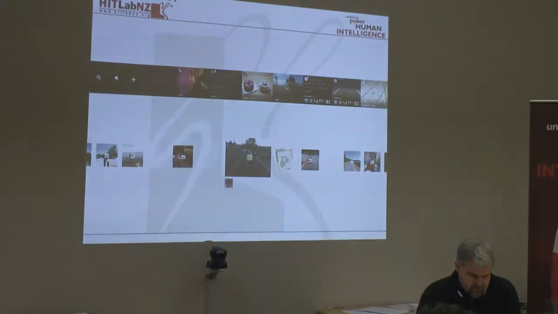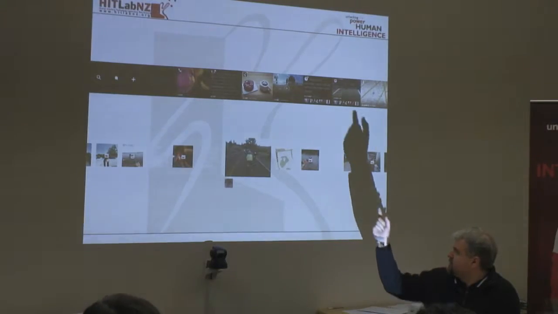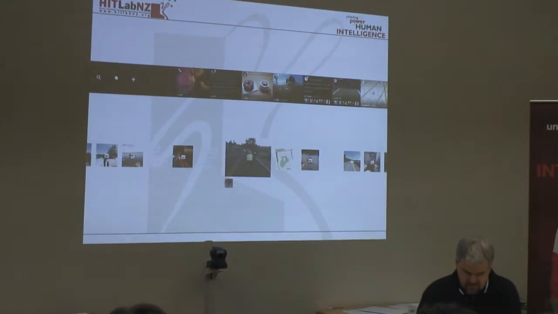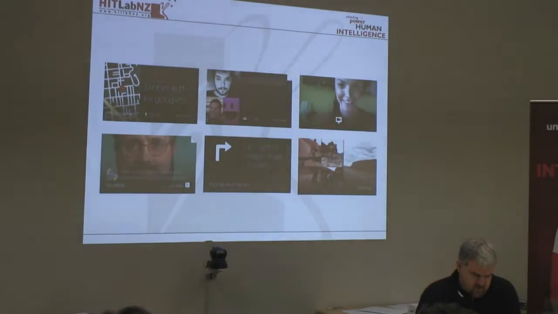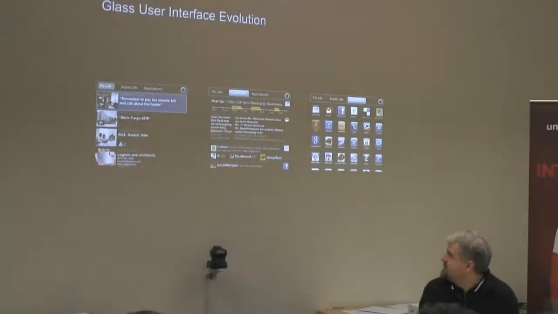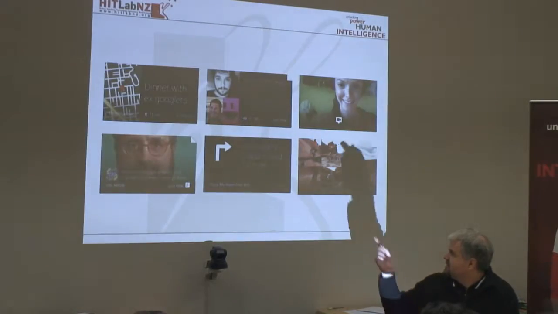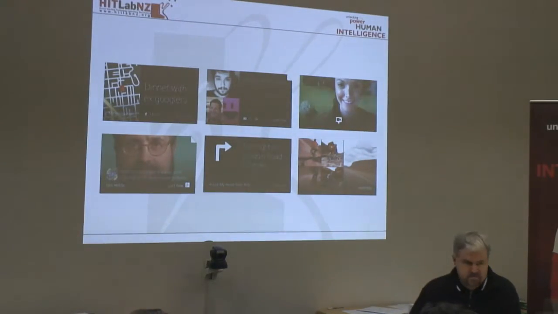And then they finally decided to simplify it down and make this card metaphor. You can see these cards here. This is where we got to today, where instead of having many icons on each page, they just have one card for each piece of information.